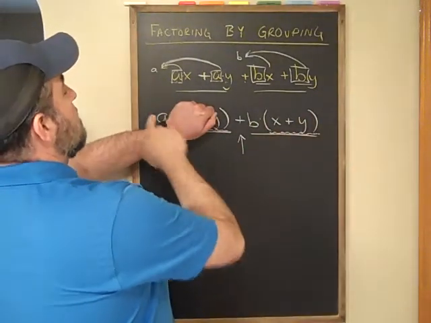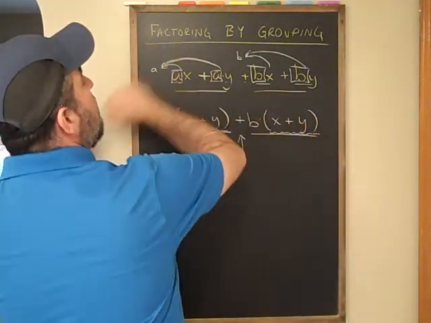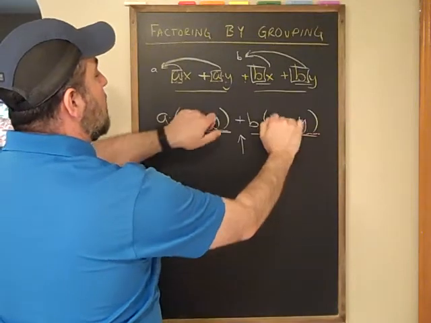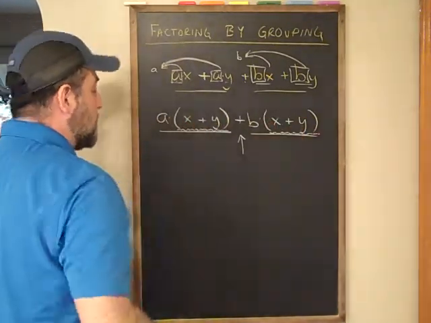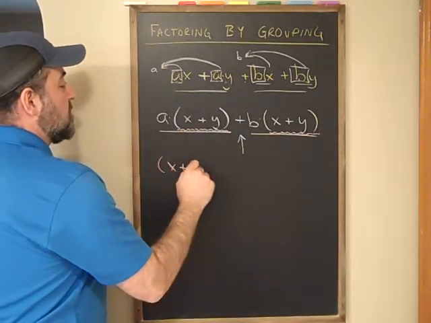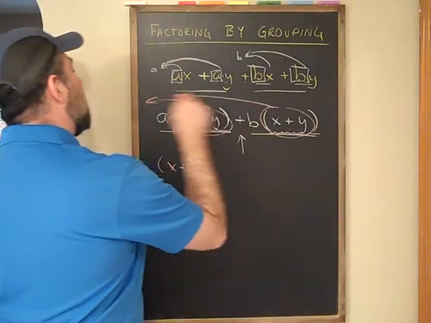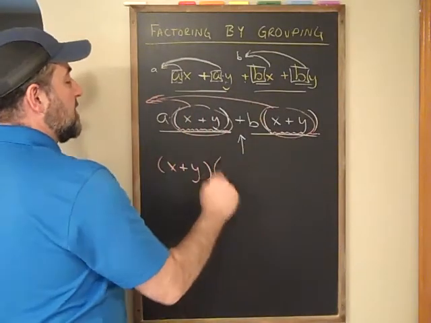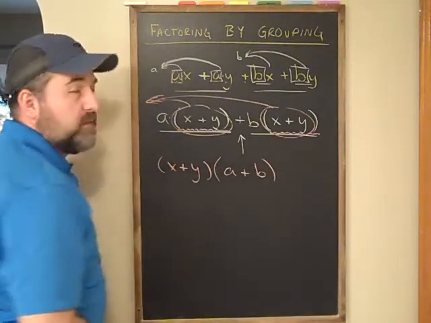So think about it. It's like a times fist plus b times fist. You can factor a fist out. Here, we're not factoring a fist because there is no fist. It's representing that x plus y. So that x plus y right here is being factored out of those two terms, which leaves us with a plus b.